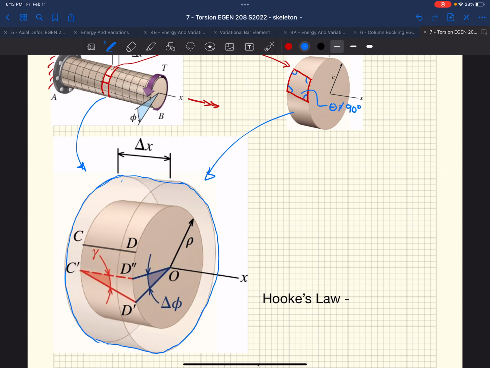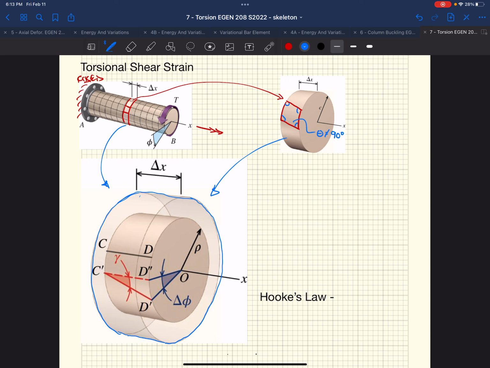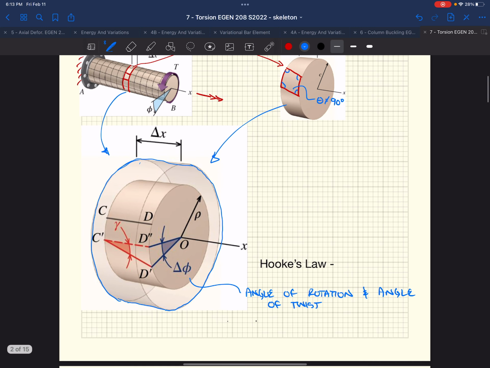Well, if we start by looking at rotation, the angle of rotation, or angle of twist. It's positive following the right-hand rule.